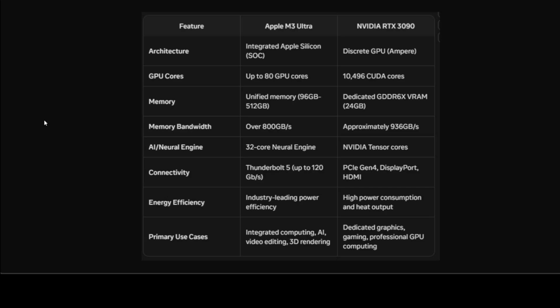And then in the NVIDIA 3090, we have discrete GPU memory. GPUs such as the NVIDIA RTX 3090 and others contain separate dedicated memory, and in this case, 24 GB of VRAM with high-speed GDDR6X.